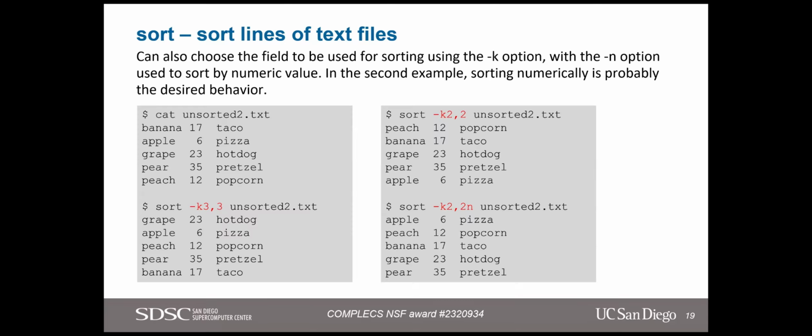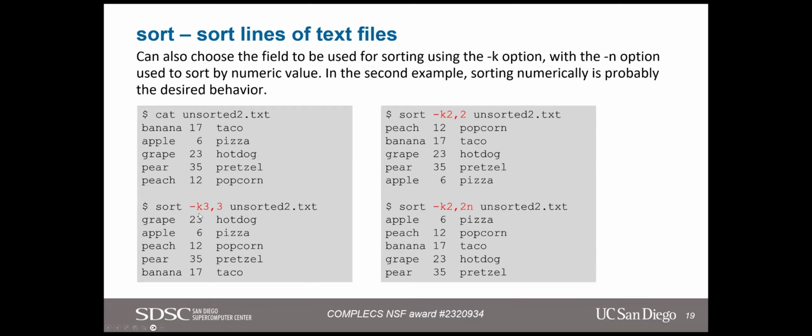You could also do things like -k 2,3, and what that's going to do is munge those two columns together and use the entire span as one entity. Similarly, if you just put -k 2 in there, it's going to take it from the second column all the way to the end, regardless of how many columns it happens to have.